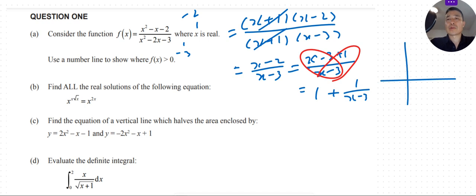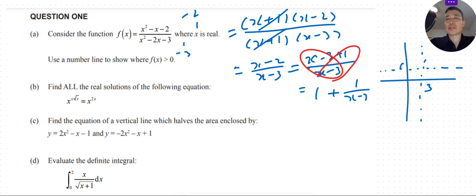So if I draw this, x minus 3 tells me 3 is the vertical asymptote, right? And 1 tells me that's the horizontal asymptote, right?